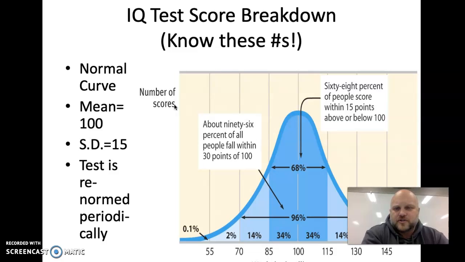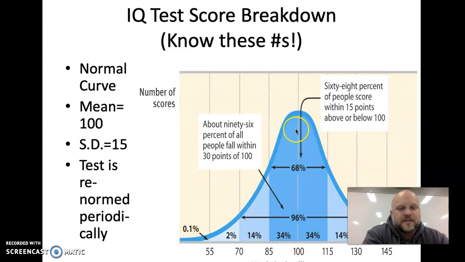I just wanted to show you this. This is a little bit of a review from Unit 2, looking at how IQ scores are normed, so how we determine what is an average score and what is an above average score. You might remember, with standard deviation, intelligence is one of those factors that tend to be normally distributed, which is a fancy term for being on a bell curve, meaning it's shaped like this.